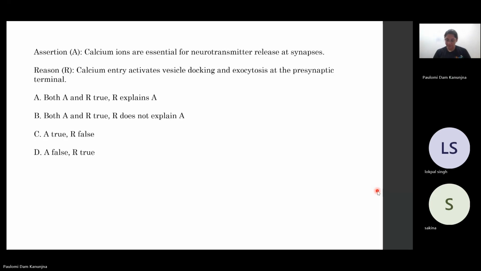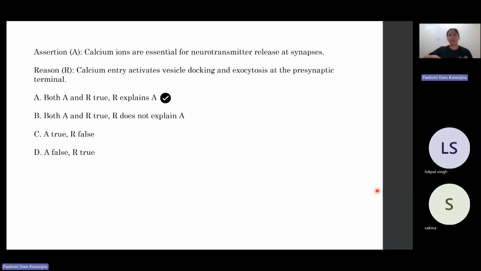Okay. One response. It's correct, right? So we all agree that both the statements are correct.